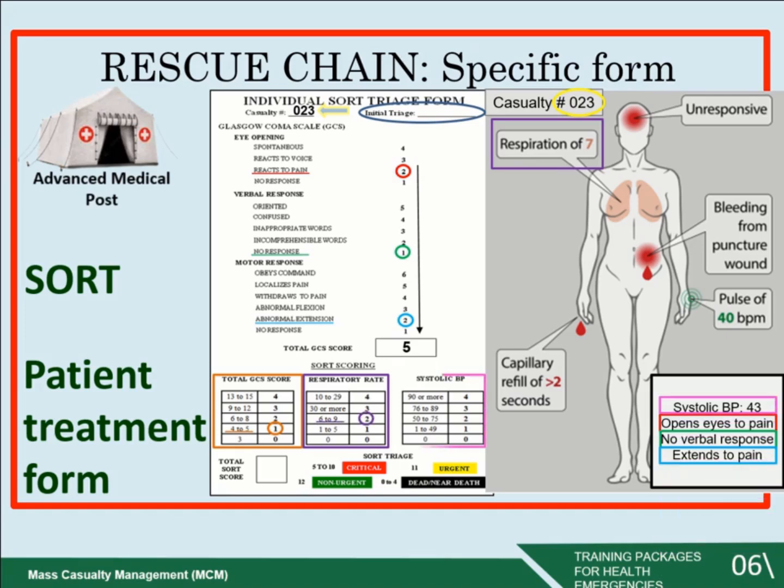Lastly, the systolic BP for our patient is 43, and referring to our systolic BP table, 43 falls under 1 to 49, which has a numerical value of 1. If we add this up, we get a total SORT score of 4. And if we refer to our SORT triage coloring, 0 to 4 falls under dead or near death.